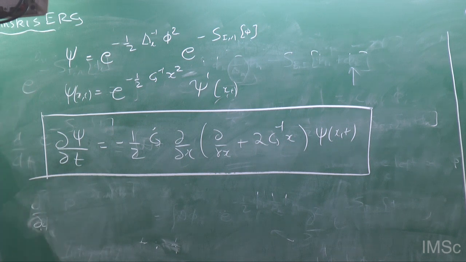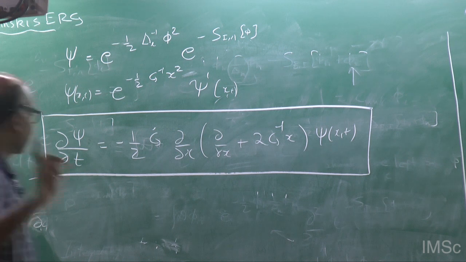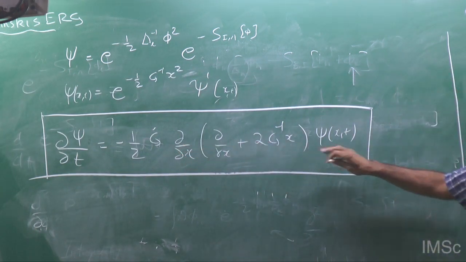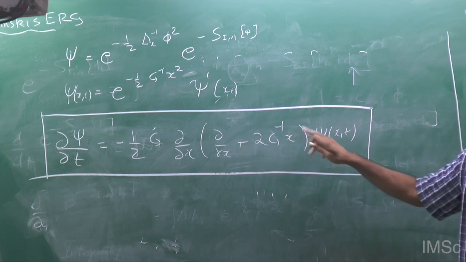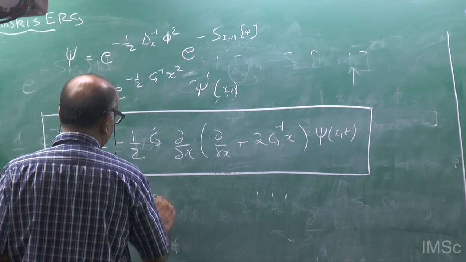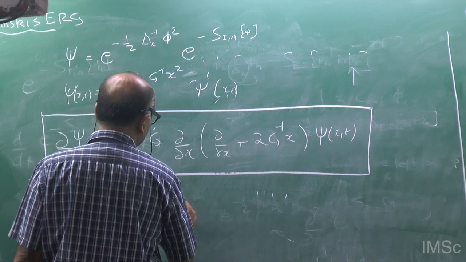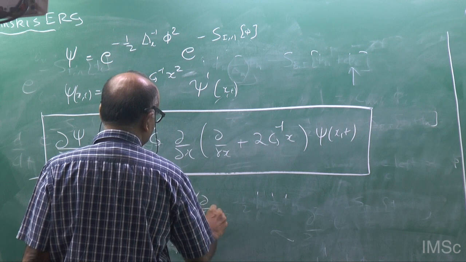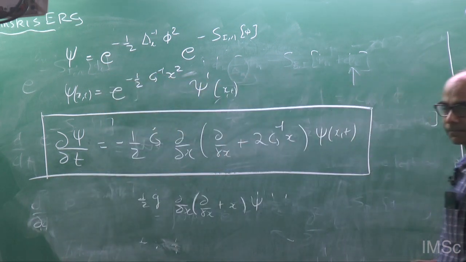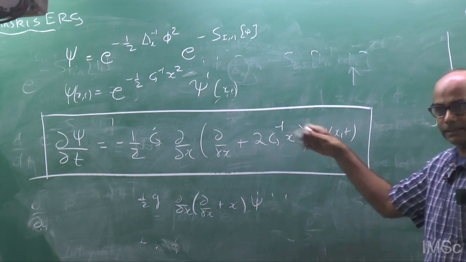It's a little more complicated, but if you look at your notes for the first lecture, you see it's almost exactly Wilson's equation, except this factor was not there. Wilson had something like half G dot d by dx times d by dx plus x psi. So modulo this, it's almost exactly the same.